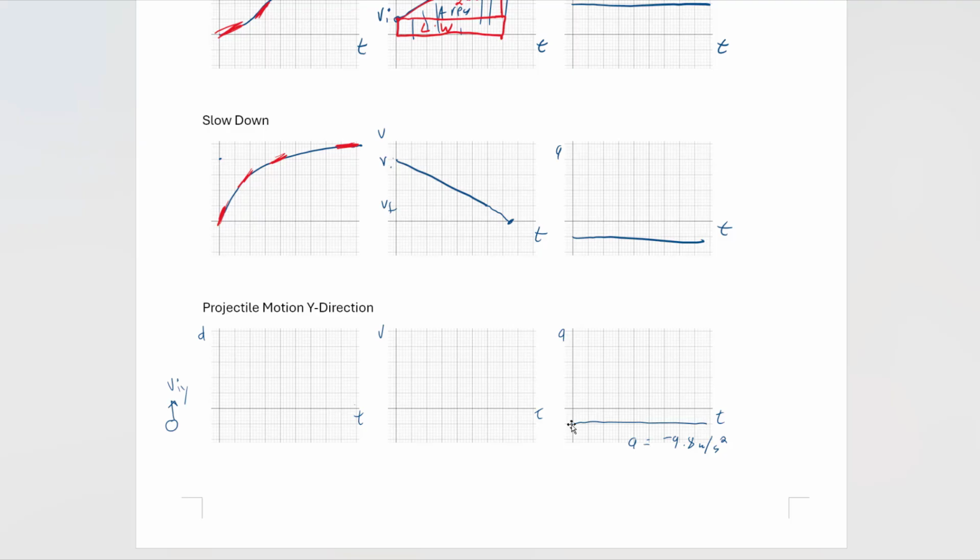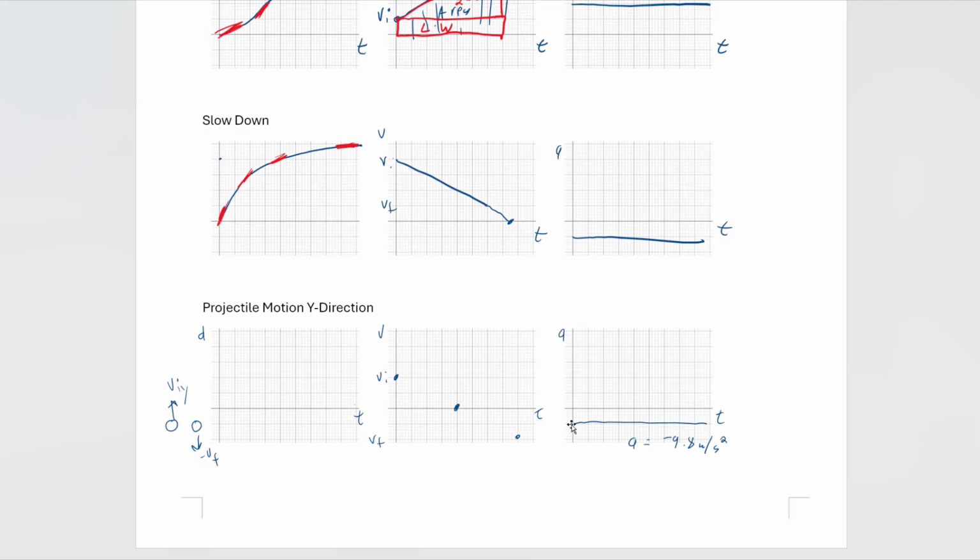At the top, the velocity is going to be 0, and then the velocity is going to be negative. And remember, when it falls to the ground, it's going to have a VF that's equal to negative VI. So maybe I go up 2, here's my VI, and then 1, 2, 3, 4, I go over 4. This is the highest point, and then 1, 2, 3, 4, and down here, that's going to be my VF.